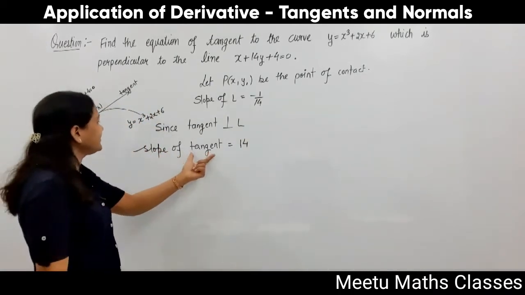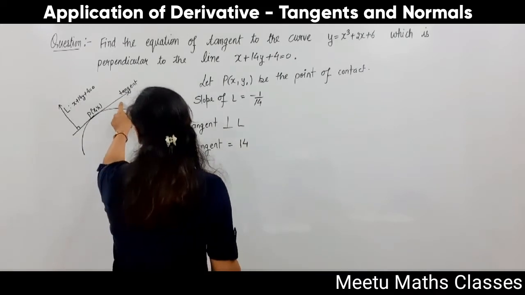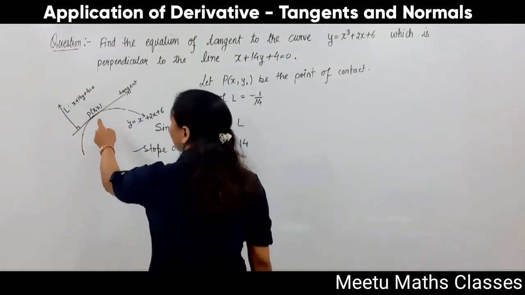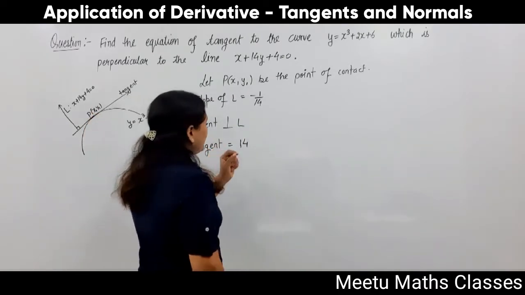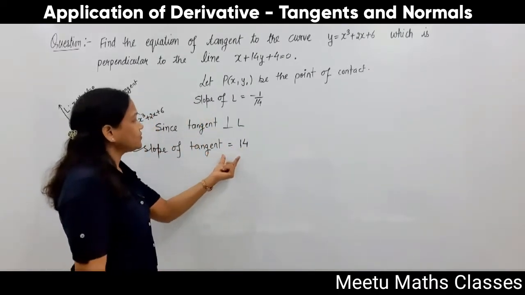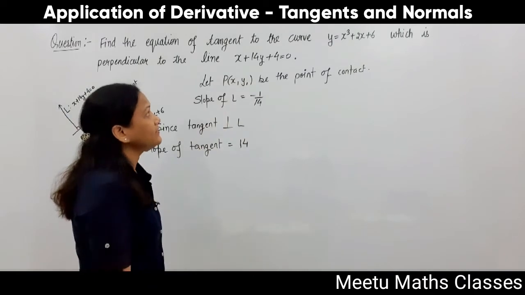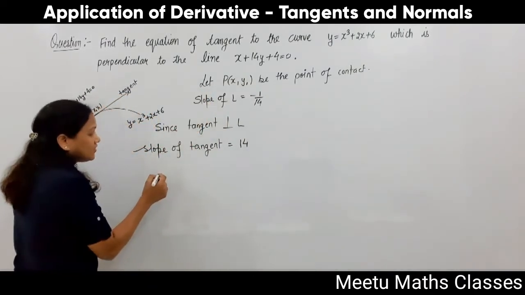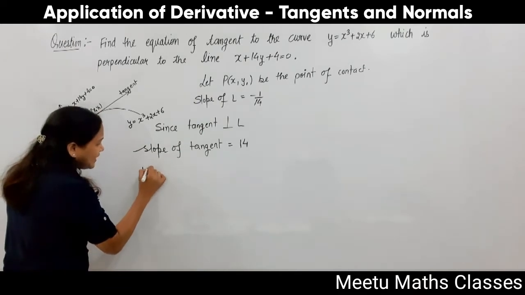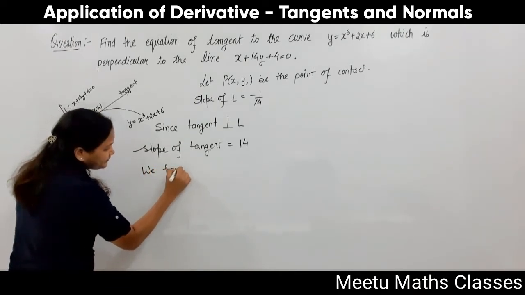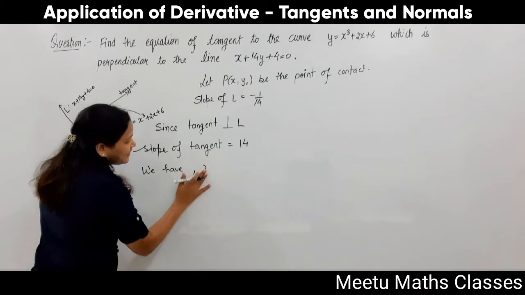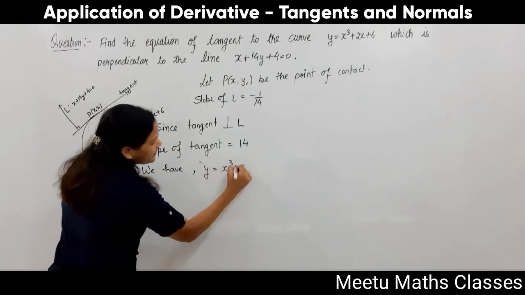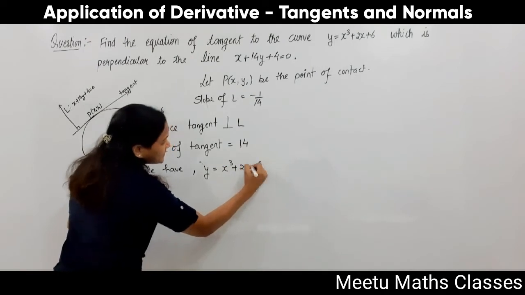Now you already know the slope of tangent, but you also have to find the point of contact (x1, y1), and for that you know that you can also find the slope using the derivative of the curve. Your curve is y equals x cube plus 2x plus 6.